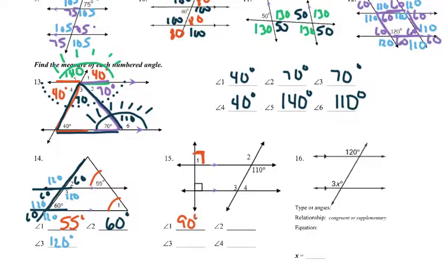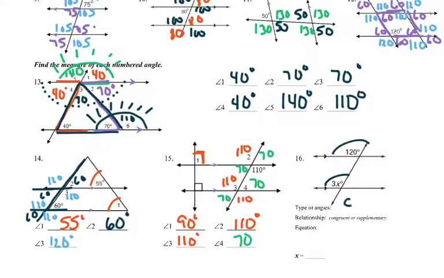Those are congruent, 90. Oh, I see another checkerboard, 110, 110, 110, 110, right? So angle 2 and angle 3 are 110. And then if I subtract from 180, angle 4 is going to be 70. And if I want to, I could fill the rest of them in. I don't have to. Last one. So we're looking at these angles.